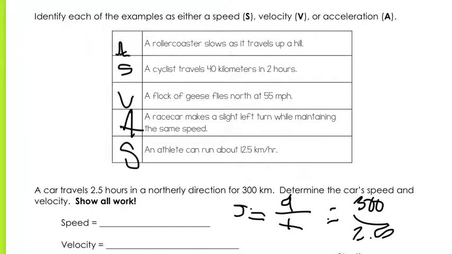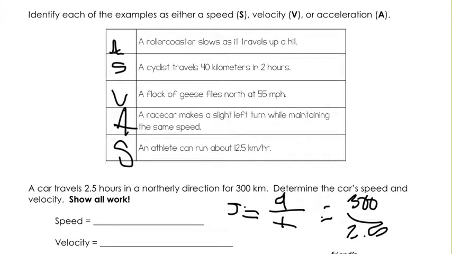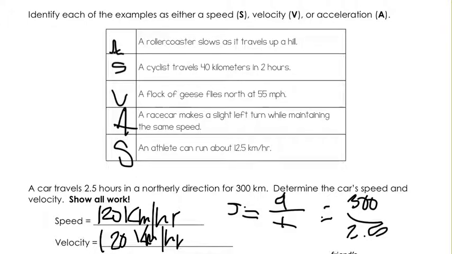And for your speed, you should get 120 kilometers per hour. And then your velocity is 120 kilometers per hour north, because velocity has a direction with it.